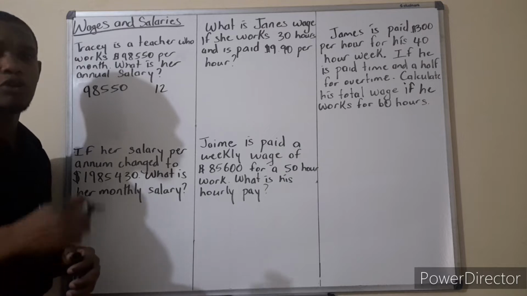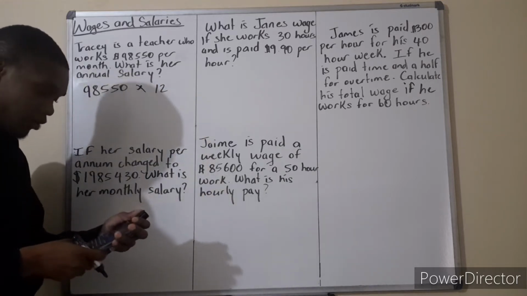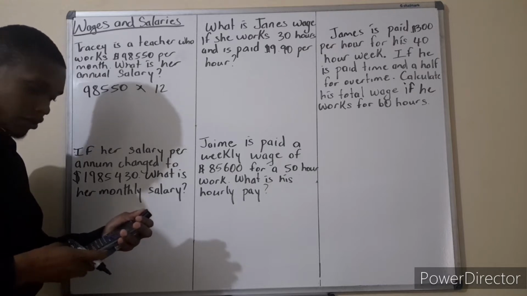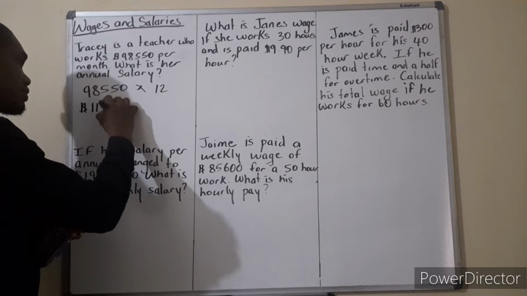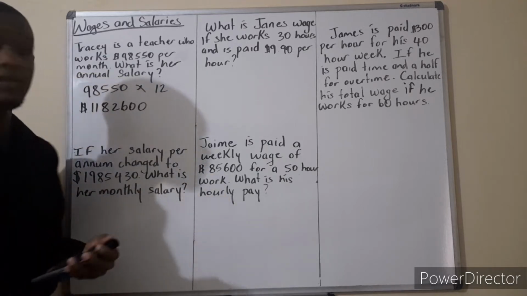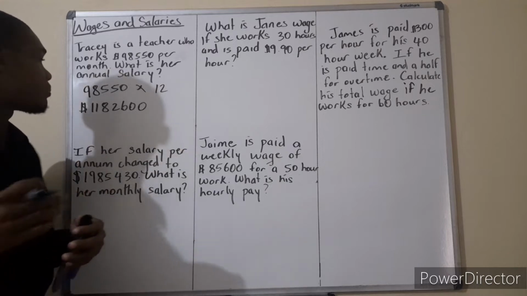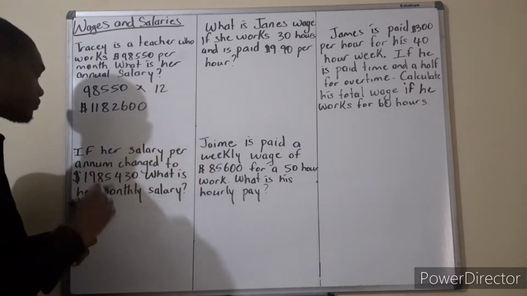And the fact that you're moving from a month to a year, you will multiply. So that would be $98,550 multiplied by 12 for you to get her annual salary, and that would be the answer. So as long as you're moving from a month to a year, you will multiply.